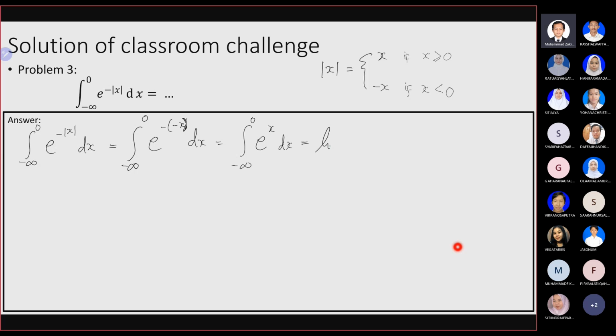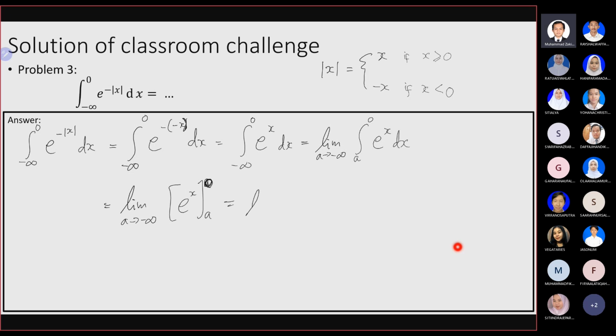Which is equal to the limit a goes to minus infinity of the integral from a to 0 of e power x dx, which is equal to the limit a goes to minus infinity of e power x evaluated from a to 0.